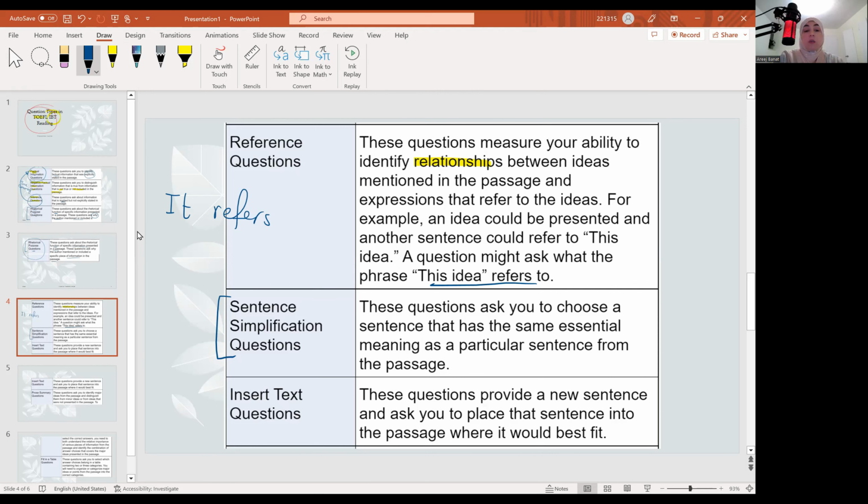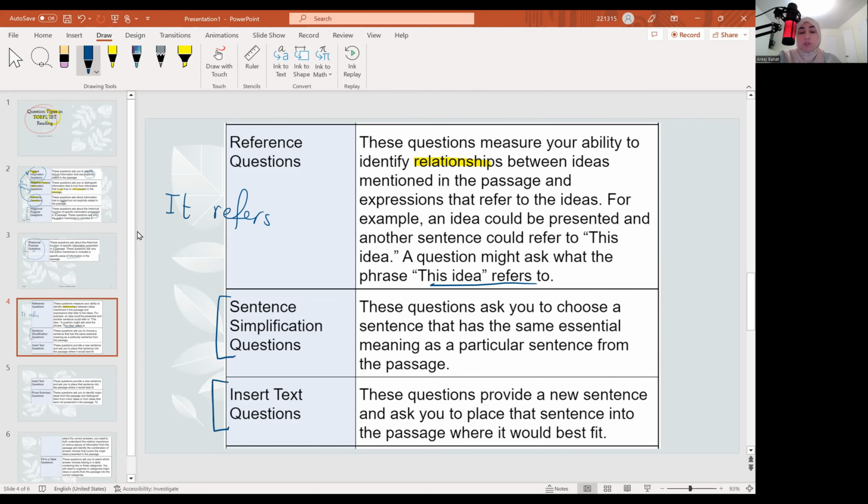And sometimes some of these options will not include a very important piece of information, and not having that information in that option will make it wrong. So this is a bit tricky to some people as well.